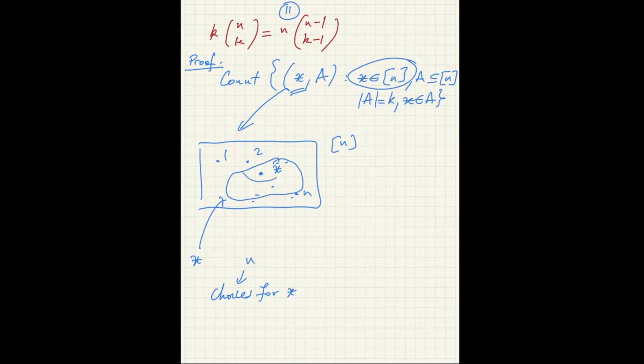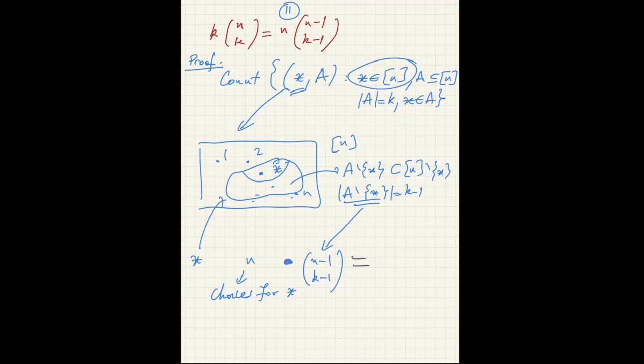So A minus x is a subset of the set n minus x. So it's a subset of a set with n minus 1 elements, and the cardinality of A minus x is k minus 1. So the number of choices for the remaining elements of the set A is n minus 1 choose k minus 1. That's one formula for this number, so we get n times n minus 1 choose k minus 1.